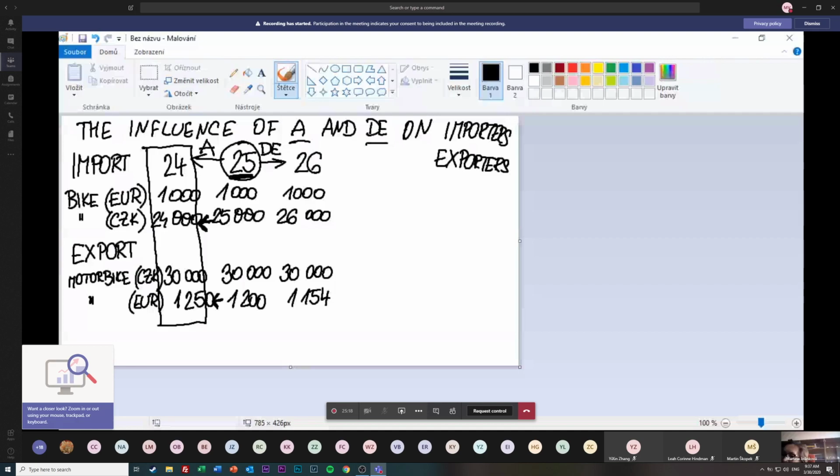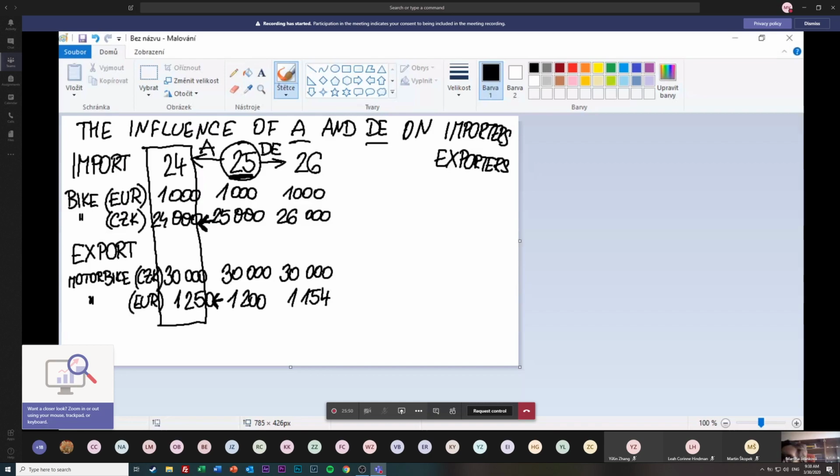And the exported products are more expensive in the foreign market. And that's the reason why exports will decrease.